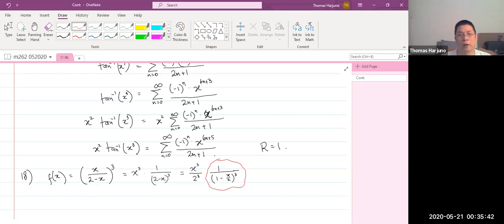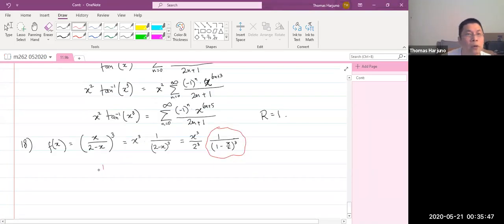Okay, then let's start. I know 1 over 1 minus x is the series of x to the n. So the derivative will be 1 over (1 minus x) squared, which gives me n times x to the n minus 1. Earlier it started from 0; now because I do the derivative, I start from 1.